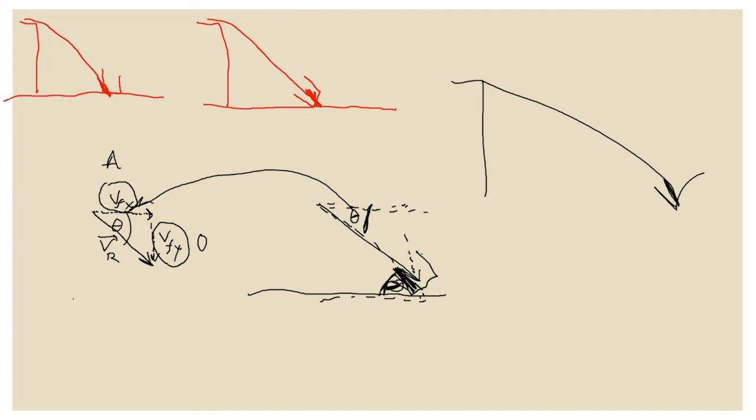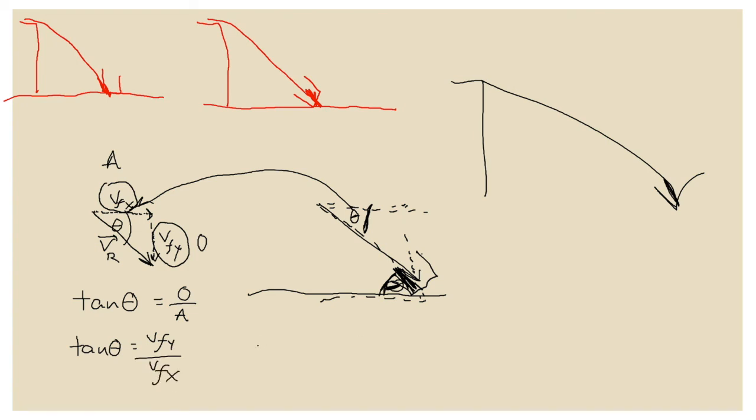And so we have to ask the question, which trig function relates the opposite side of the triangle to the adjacent side? And it's the tangent. And so that means here the tangent of the angle is equal to VFY over VFX.